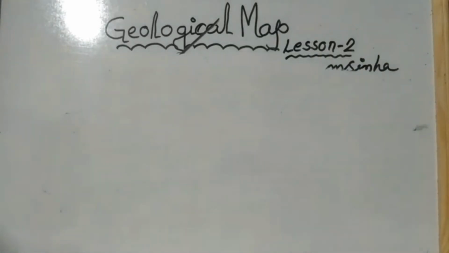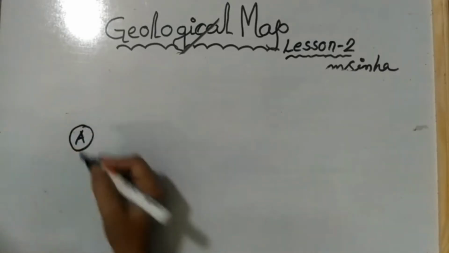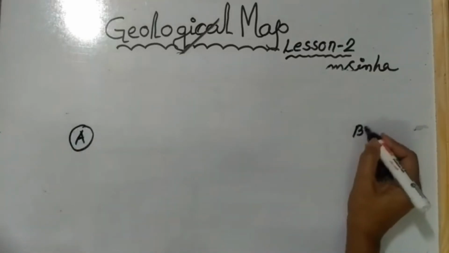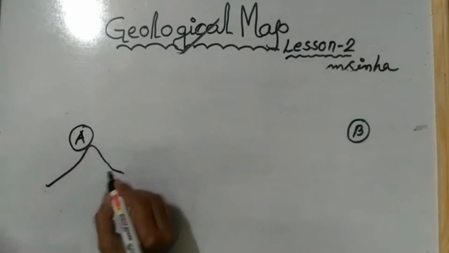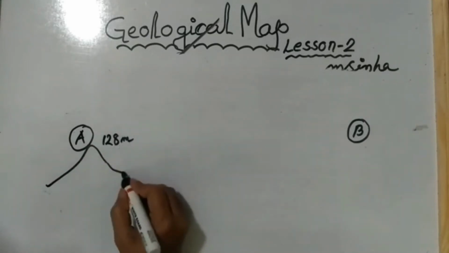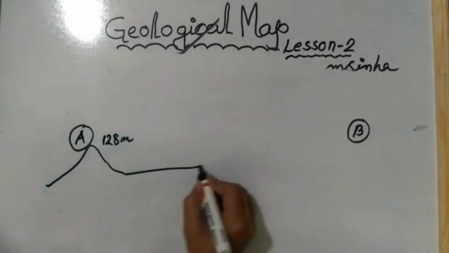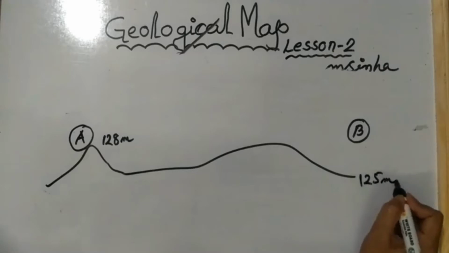Before going to the details, I would like to mention one thing. In an earlier class, I told you what the slope is. Suppose your friend A is standing here and another friend B is standing here. Suppose A is standing 128 meters above sea level, and B is standing 125 meters above sea level.